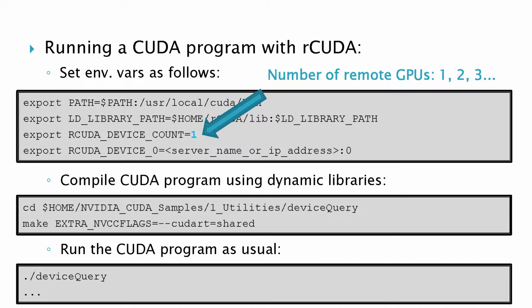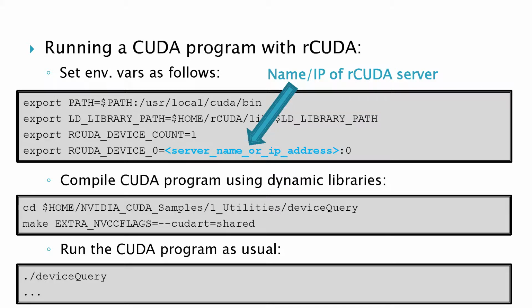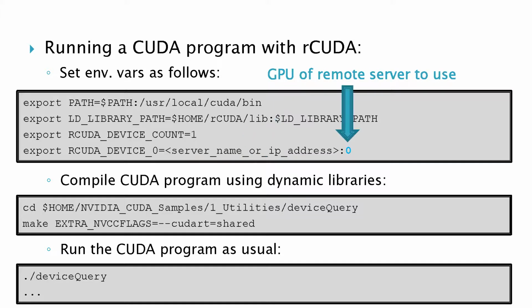In this case, for our CUDA device 0, we need to tell the remote server name or the IP address or whatever. Moreover, if this server has more than one GPU, we can indicate whether we are going to use GPU 0, GPU 1, etc.